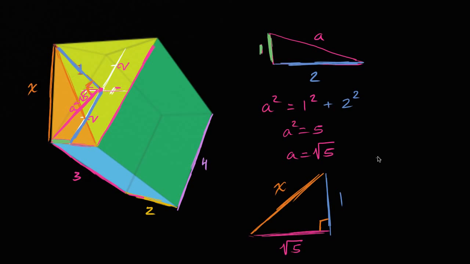We will have x squared is equal to 1 squared plus the square root of 5 squared. Well, that gets us x squared is equal to 1 plus 5, right? The square root of 5 squared is just 5. So 1 plus 5 is equal to 6. So we get x is equal to the square root of 6. And we're done. We figured out the length of this side right over here.